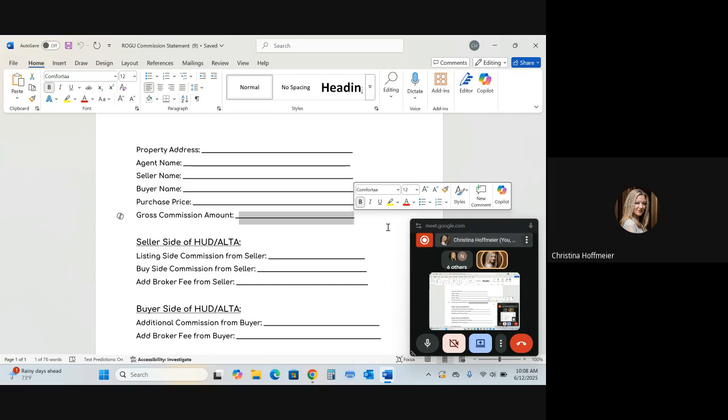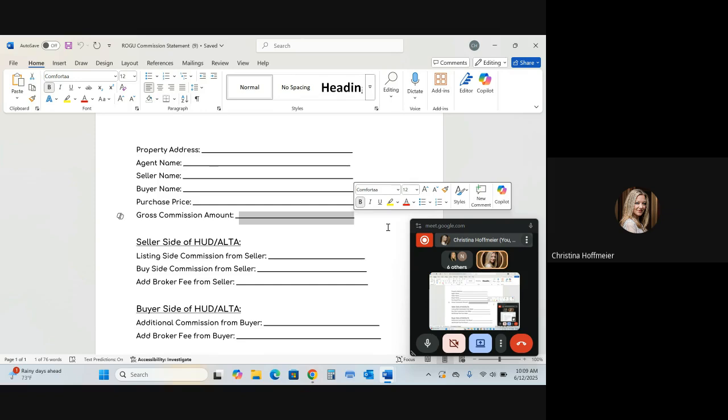And then in the contract, your seller has also agreed to pay the buyer's agent 3% as well, which bumps that total commission due from seller to $6,000. So you're going to put $6,000 in the gross commission amount. I hope that makes sense. So $3,000 for the listing agent, $3,000 for the buyer's agent, total of $6,000. Okay. So that's how you would fill that out for a seller.